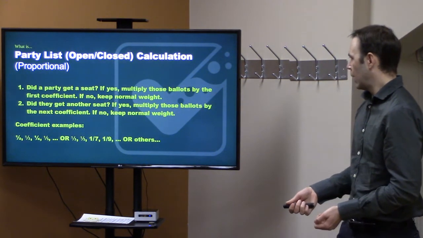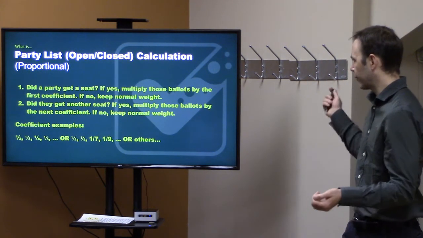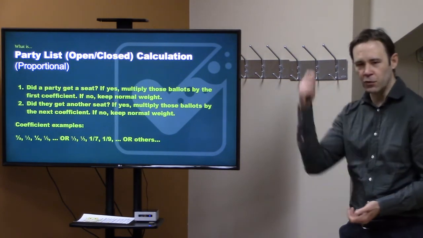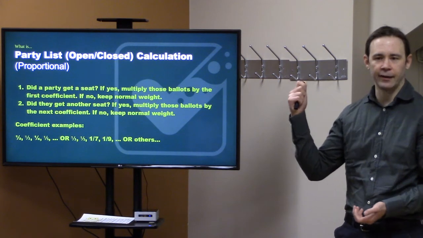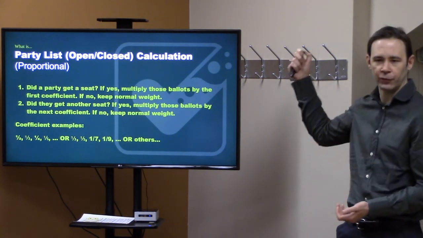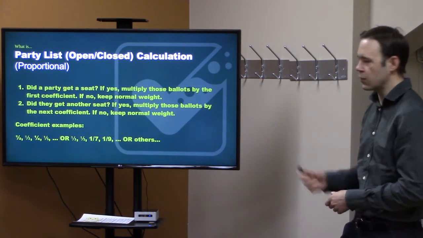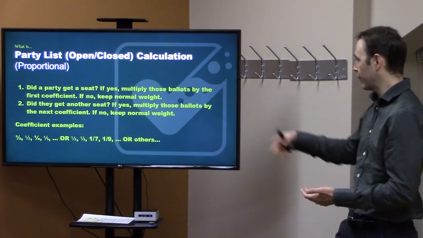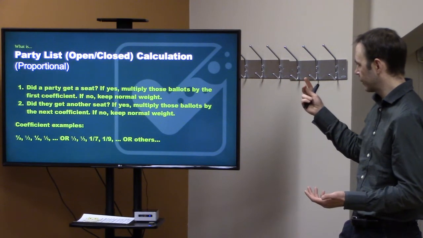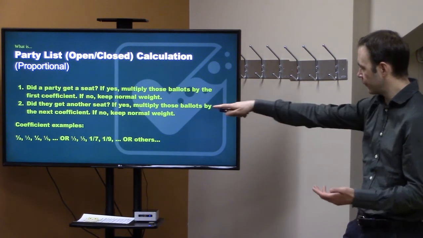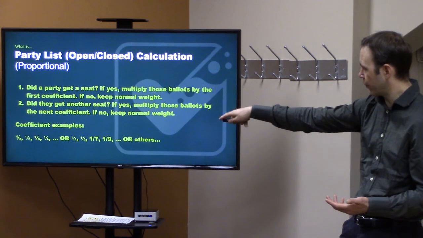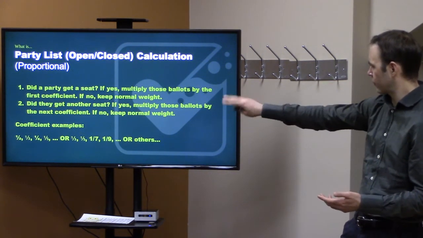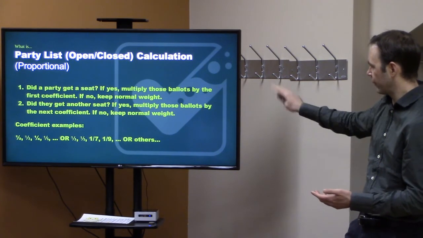So say you chose the Reform Party, and you got your candidate elected there. So the Reform Party had the most votes in a particular round, you got them elected. Well, now your ballot is reweighted. There's a Jefferson method that uses 1/2, 1/3, 1/4, and just goes all the way through. There's a Sainte-Laguë method, 1/3, 1/5, 1/7.